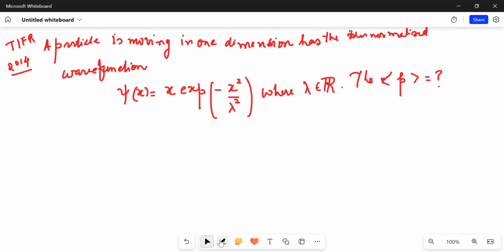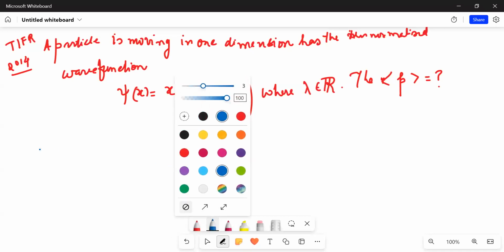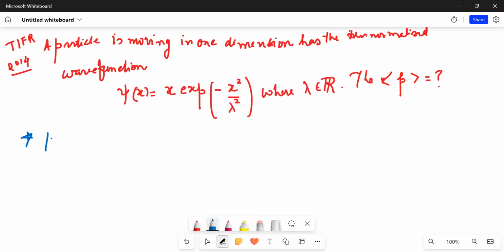whenever you are supplied a real wave function, and you are asked about the expectation value of momentum, it is always equal to 0. It is always equal to 0. Why?